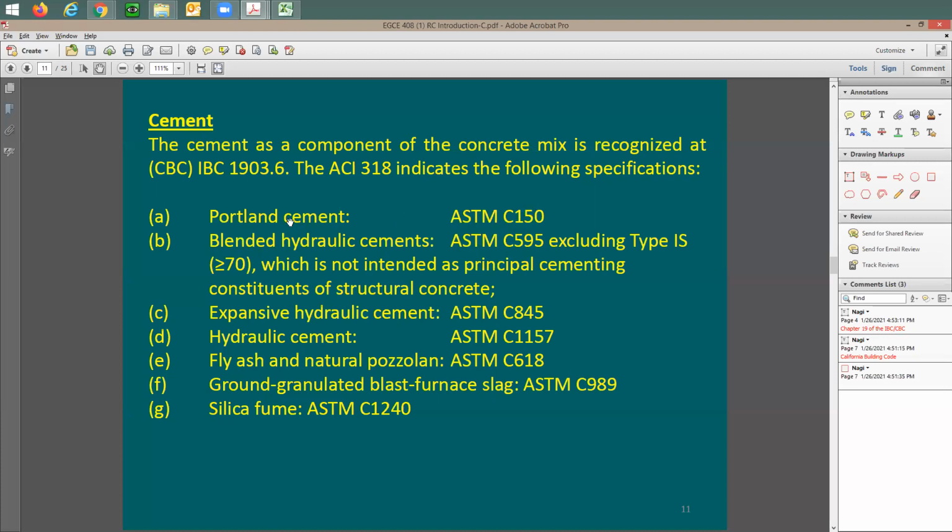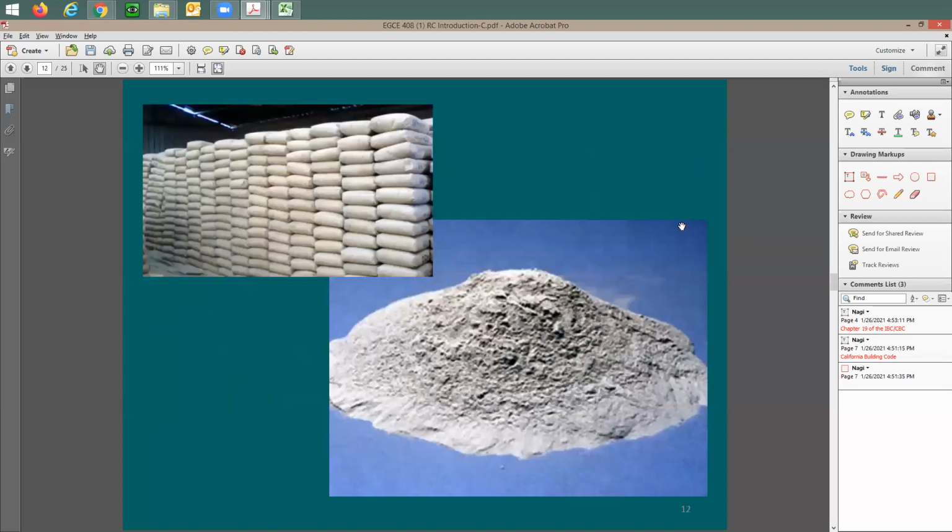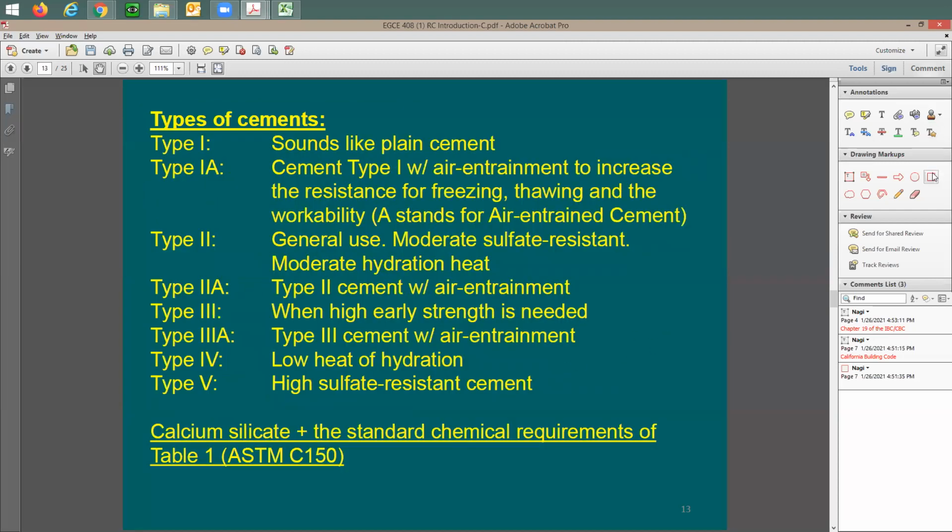This is actually the very common cement that you're going to see everywhere, the Portland cement. And we have a few types. Here's a cement, it comes in bags or it comes loose, like this. We have a very common type that we call type 2. As it says here, general use, moderate sulfate resistant.